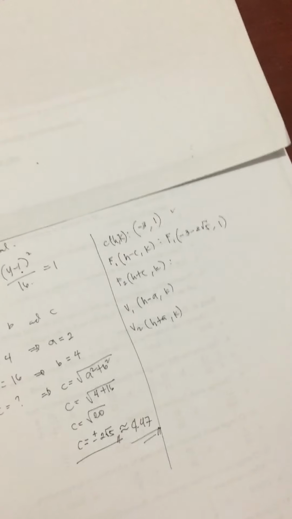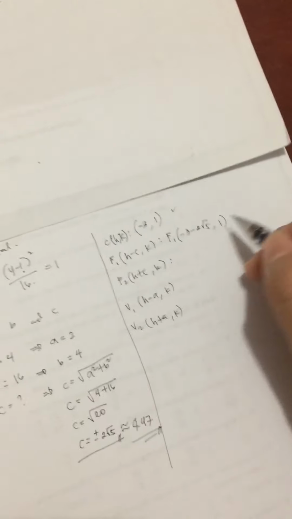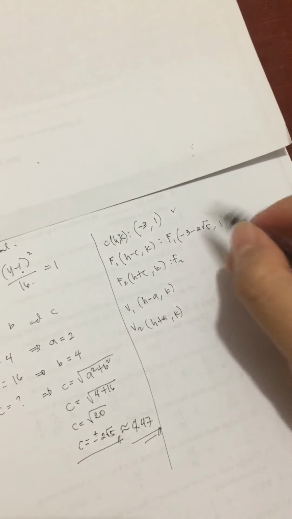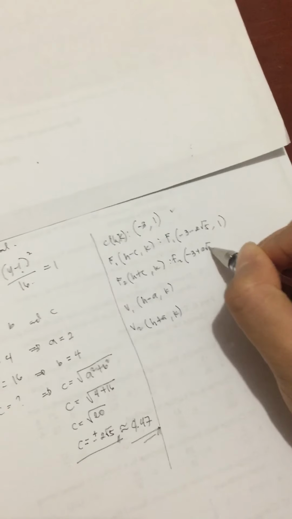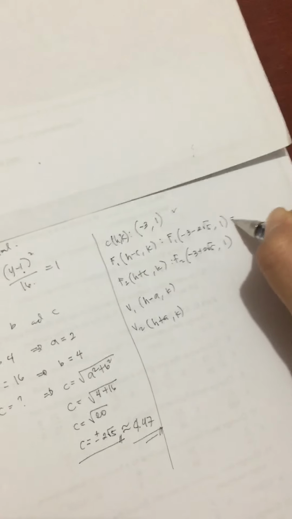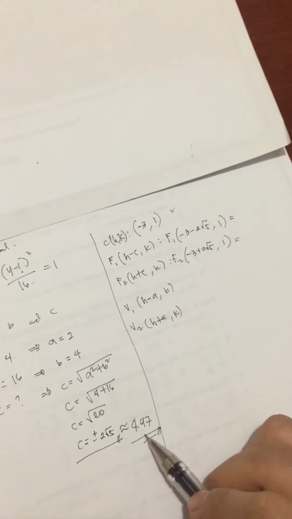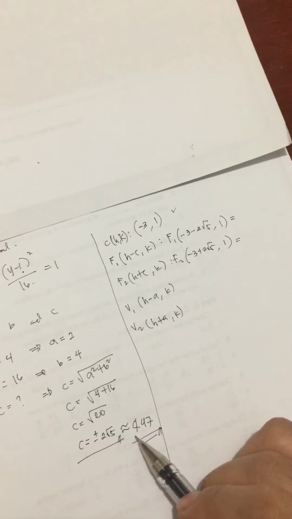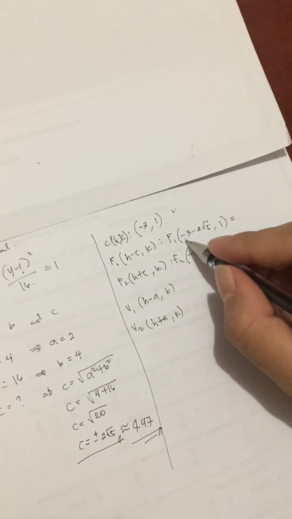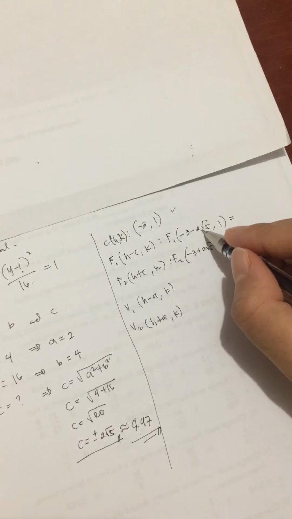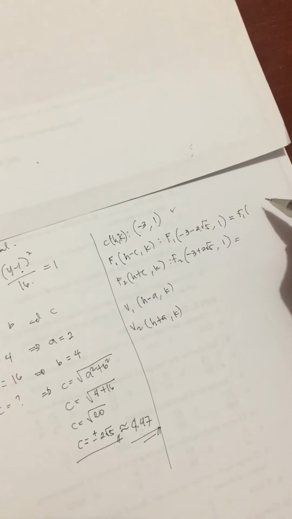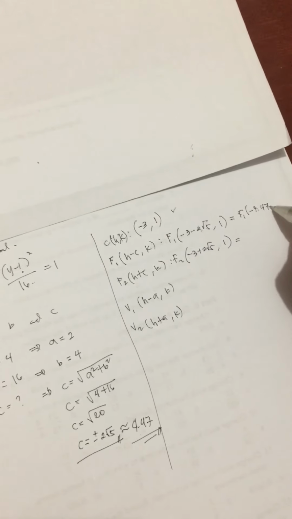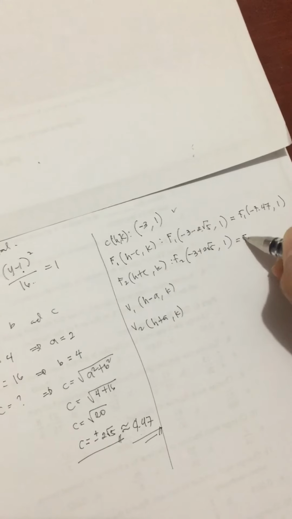So, yan po yung ating value ng ating c, no? 4.47. So, ating F2, let's continue. Meron tayo ditong negative 3 plus 2 square root of 5, comma 1. So, solving this one, approximate value ng ating 2 square root of 5, 4.47. So, negative 3 minus 4.47, our F1 would be negative 7.47, comma 1. That is the location.